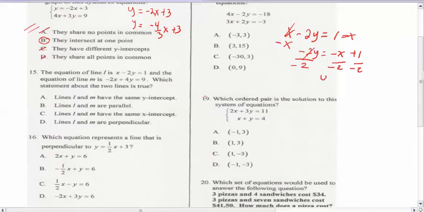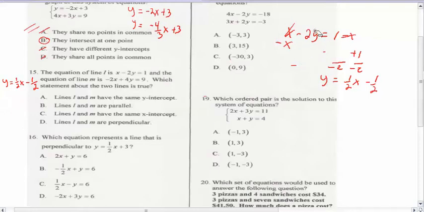So now I have y is equal to 1/2 x minus 1/2. Okay, that's my first equation. I'm going to put it over here. y is equal to 1/2 x minus 1/2. Okay, that's the first one. That's line L.